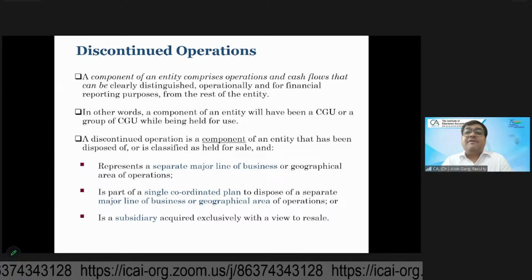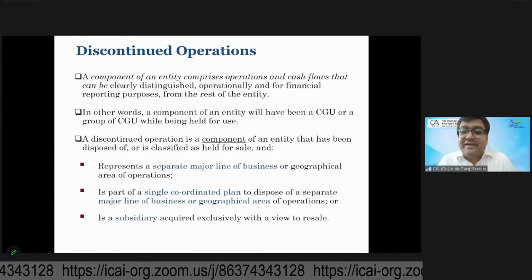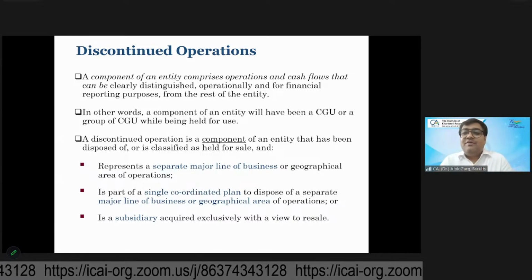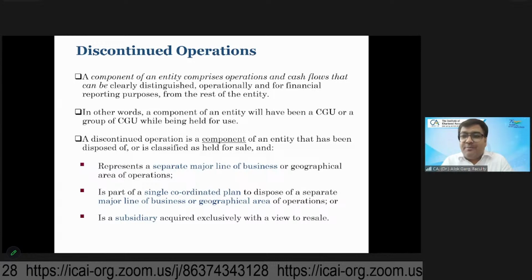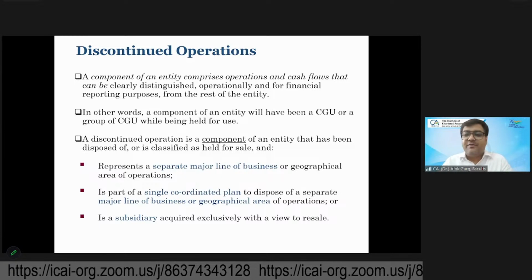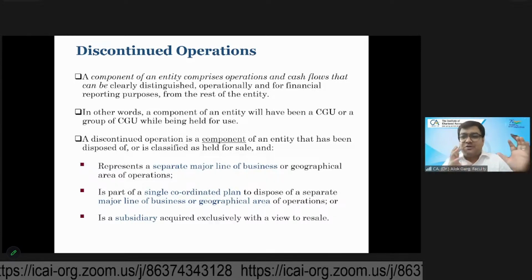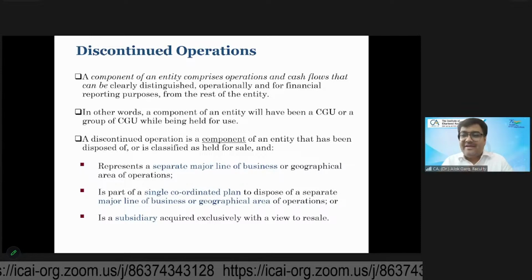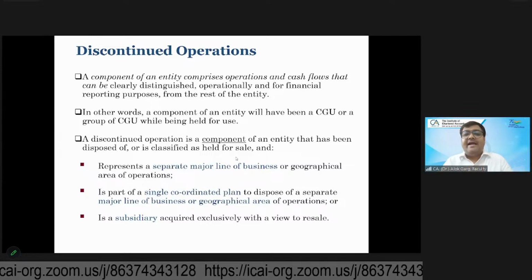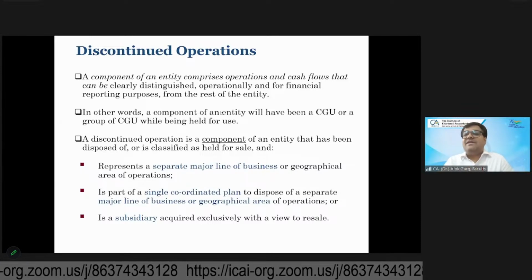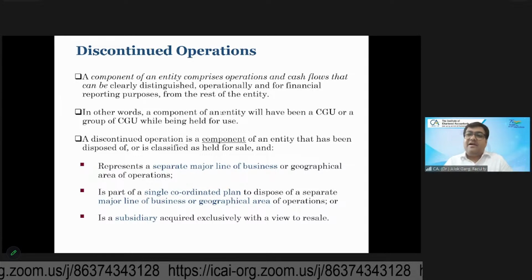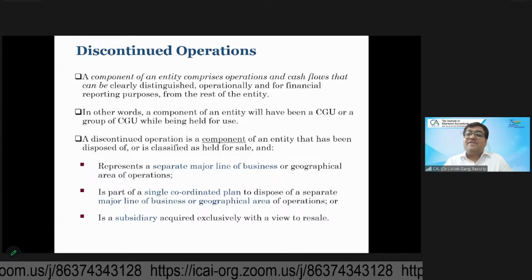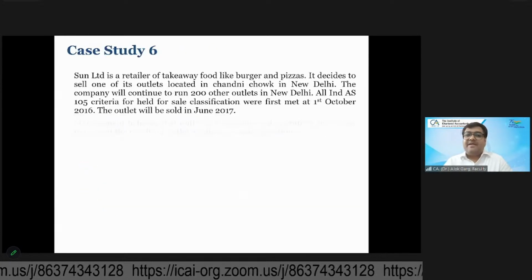So for the user of the financial statements, it is important to understand the business which the company has shut down, stopped, discarded, disposed of. What was the revenue? What was the cost from that business? Right? It has to be shown separately. And hence, the discontinued operation results have to be shown separately in the profit and loss account. Okay, it has to be shown separately.